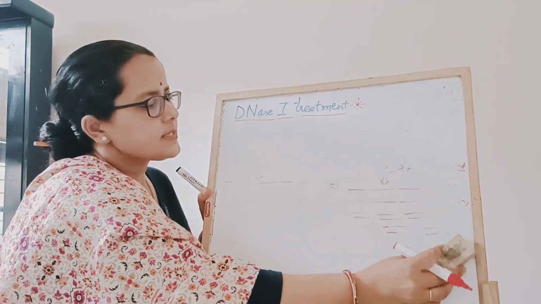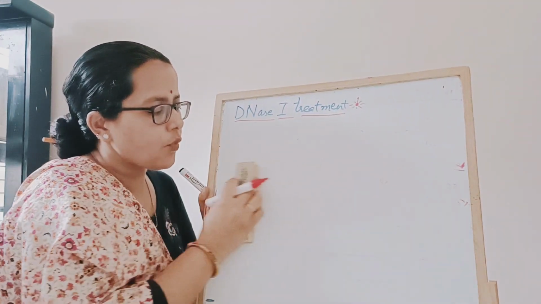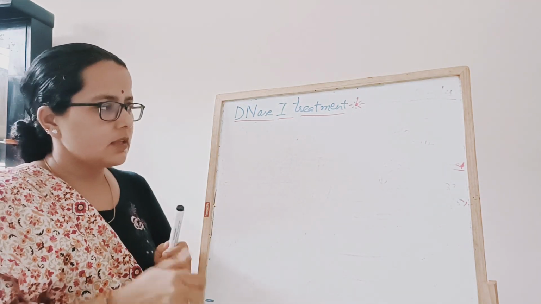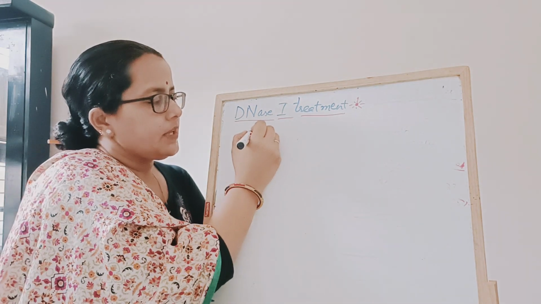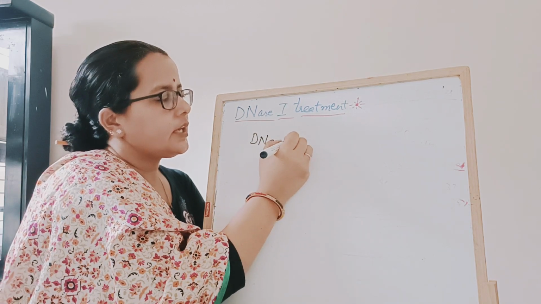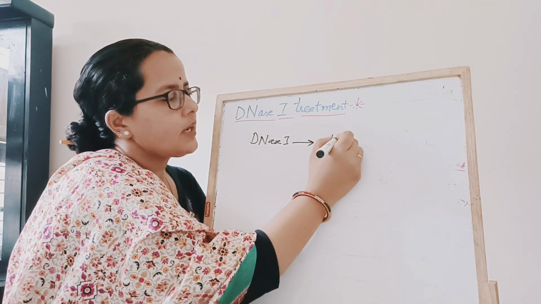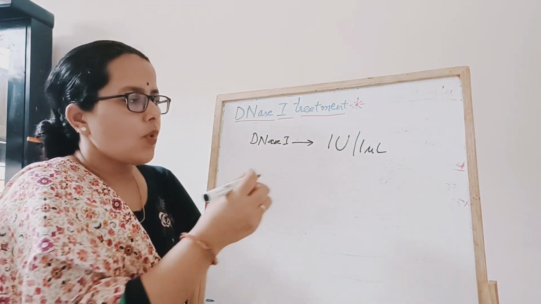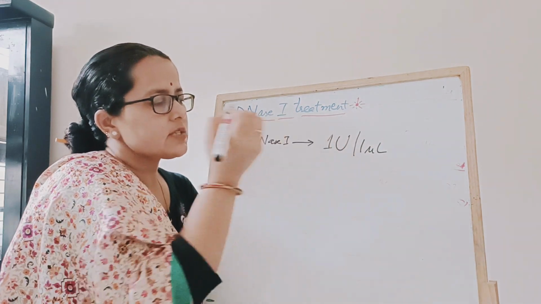Now, what is the procedure of DNase treatment? How do you give it? The company provides DNase I at 1 unit per microliter. That means if you use 1 microliter, it has 1 unit.